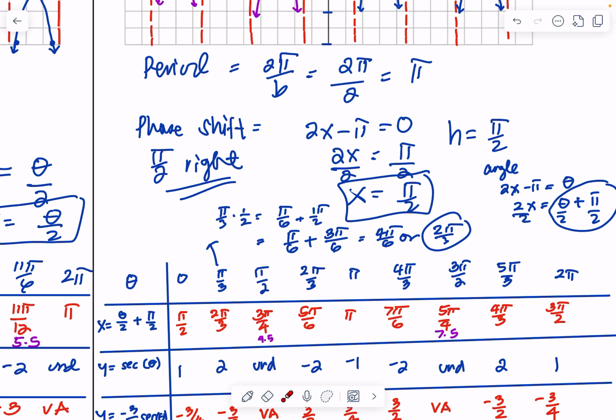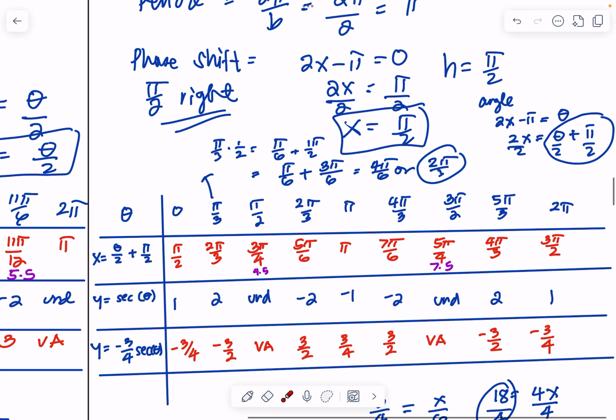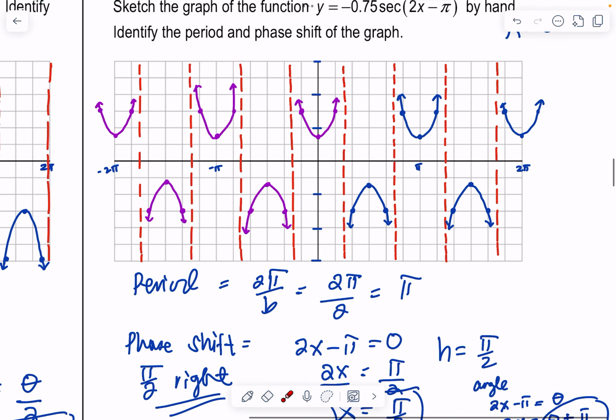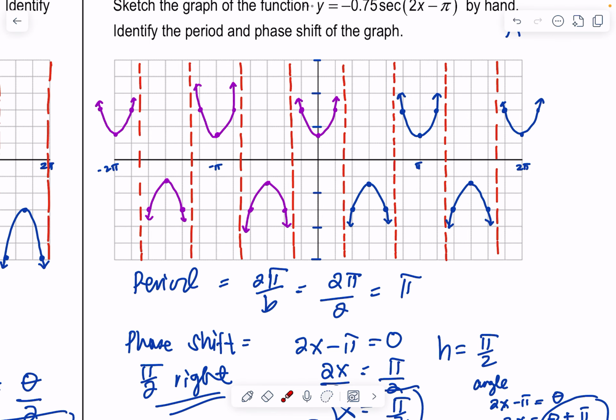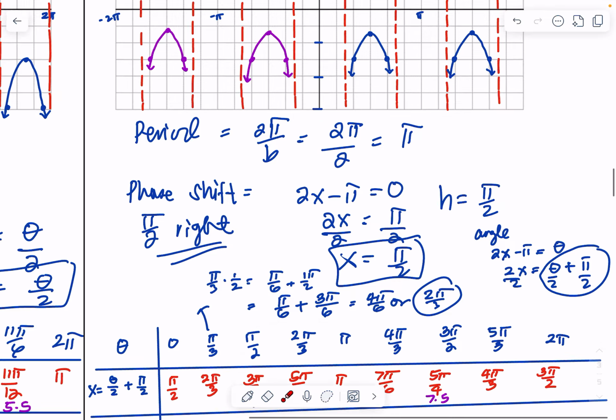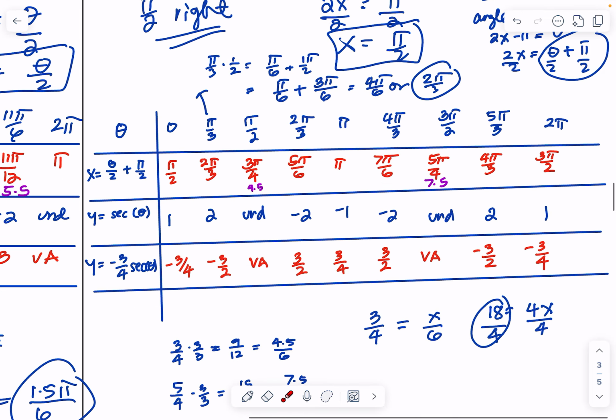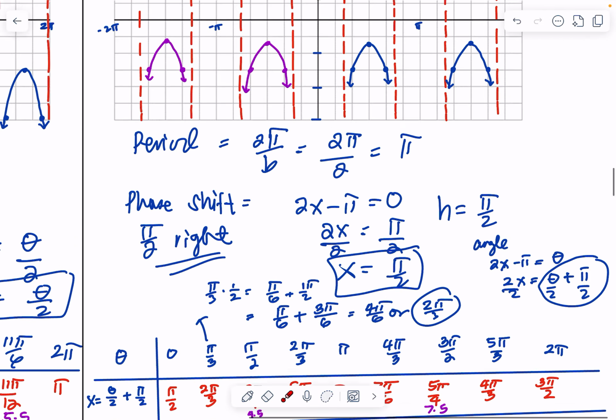And then we have 3/4 pi, 4.5 as our vertical asymptote. So we have 1, 2, 3, 4, 4.5, our vertical asymptote right over here. And then next one, we have pi over 6, which is 3/2.